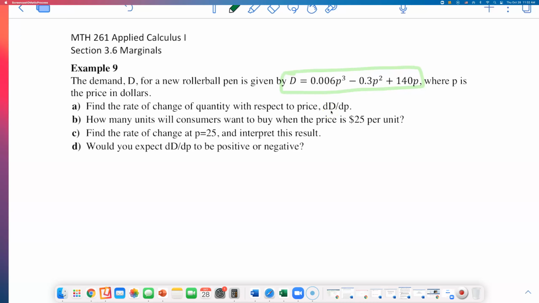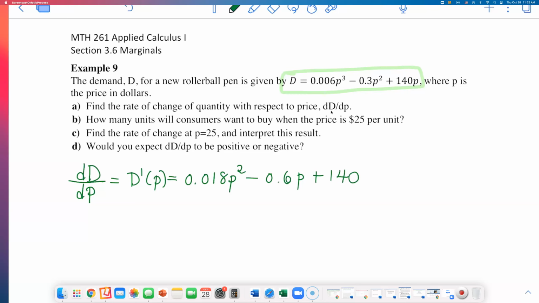I need to just take the derivative. So D prime of p is equal to 0.018 (multiplying 6 times 3, that's 18) p squared minus 0.6p plus 140. So we found the derivative function for this demand. The demand will change according to this.